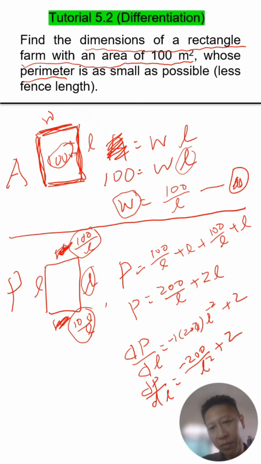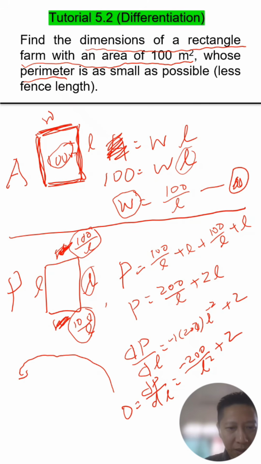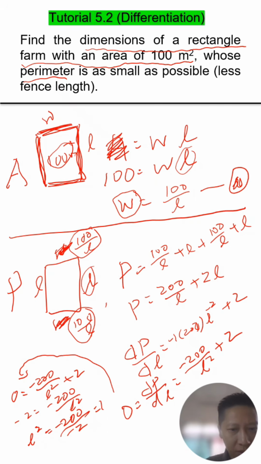To find the minimum or the maximum, we will say that the derivative of the function perimeter with respect to the length equals 0. So we'll move to here. 0 equals minus 200... So L squared equals 200 minus 2.